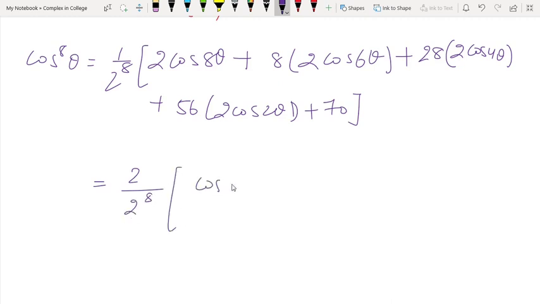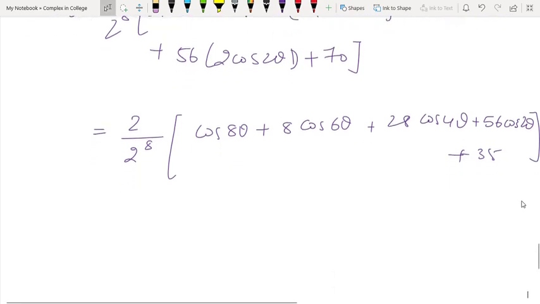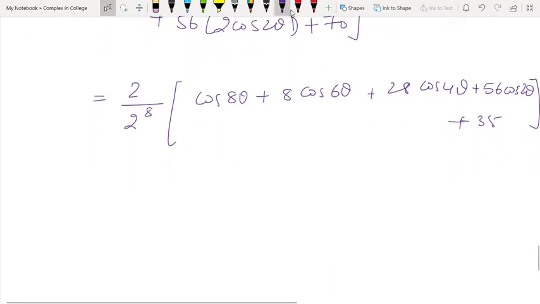Now we are left with cos 8 theta, 8 cos 6 theta, then 28 cos 4 theta, 56 cos 2 theta, और हमारे पास लास्ट में 70 है. 70 में से 2 कॉमन लेंगे तो हमारे पास क्या बचेगा? 35. So 35.